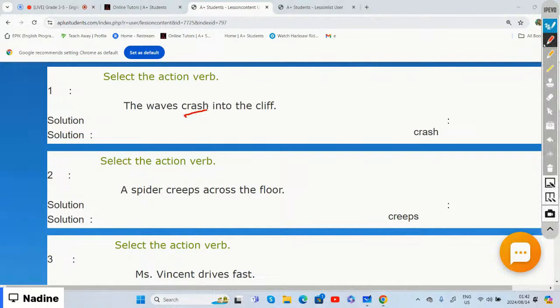A spider creeps across the floor. We need to identify the action verb.